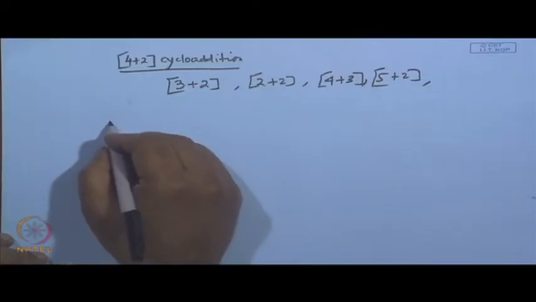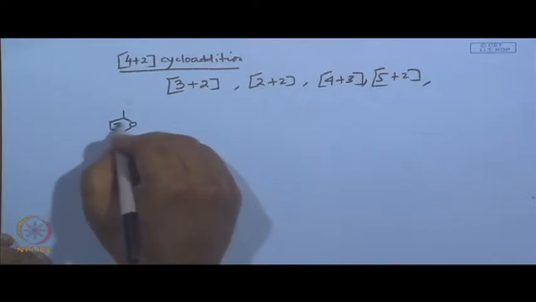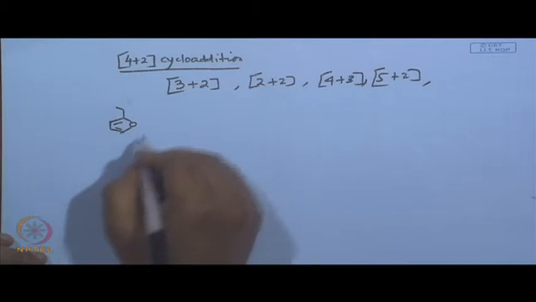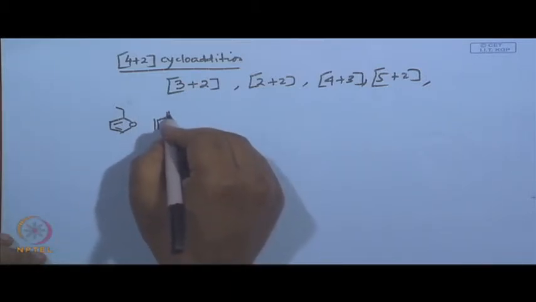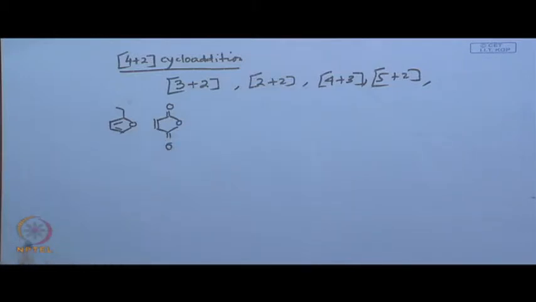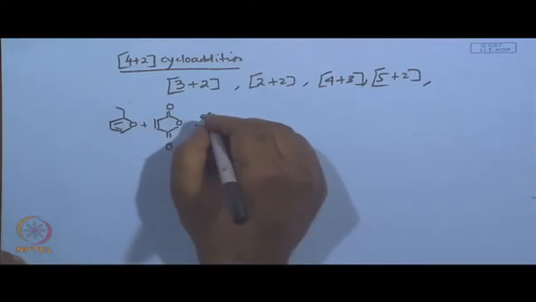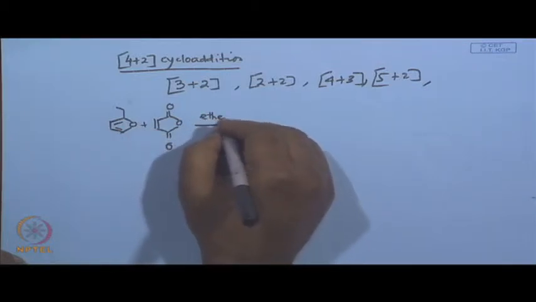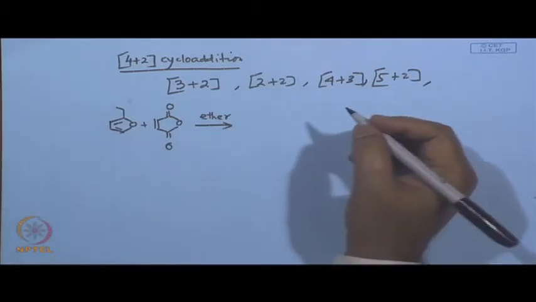So, let us begin with the examples of what we recently did in our lab, and this is the reaction. We just simply mix them and just allow to sit at room temperature, in ether solvent.